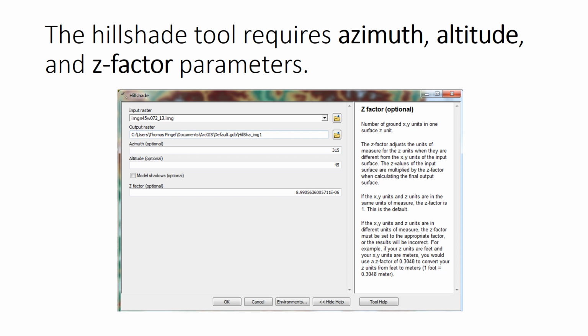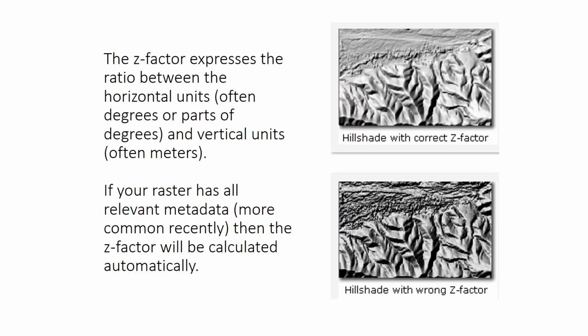But what we're talking about here is degrees, right? So your X and Y units are fundamentally degrees. And your Z unit is typically going to be something else, often meters, never degrees. So you need to specify the difference between your Z unit and your X and Y unit. And that ratio is called the Z factor. The Z factor is usually quite small. You can see here what we've got is one that's 8.99 times 10 to the -6. So it's a very, very small number.